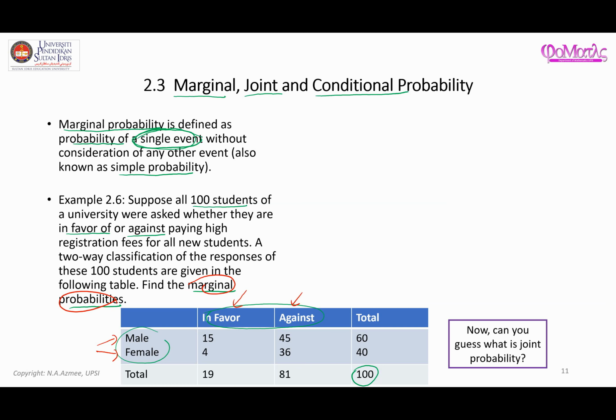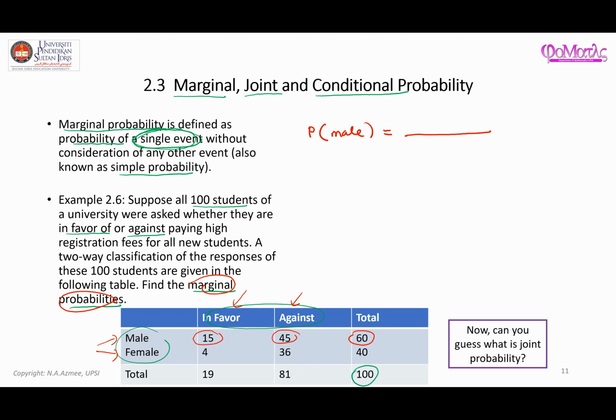Alright, so in order to find the probability that the student is male, you need to find out the number of male students, and you can find that the number of male students is 15 plus 45, which is going to be 60.